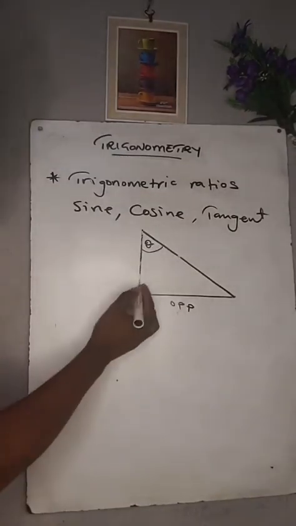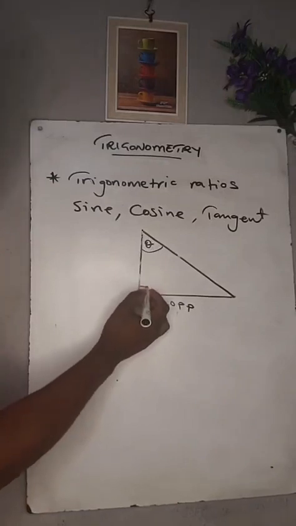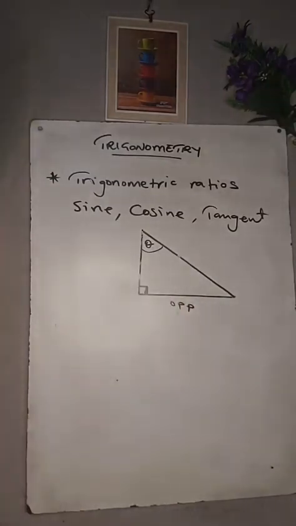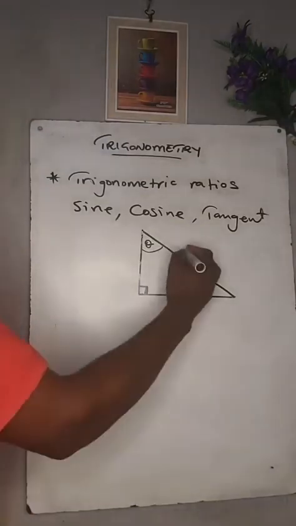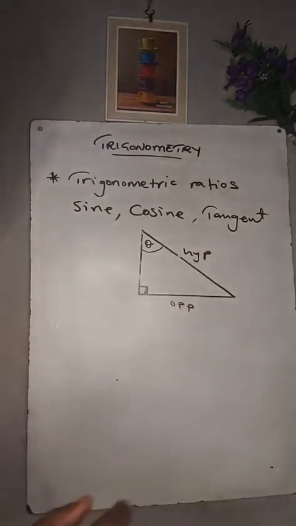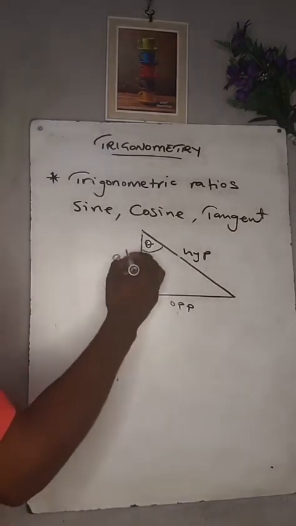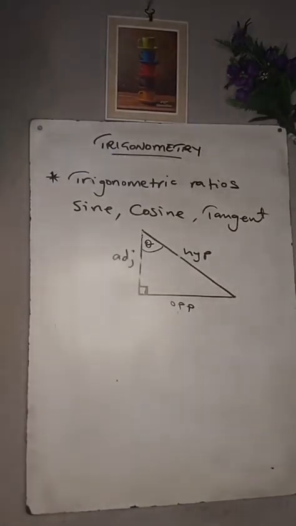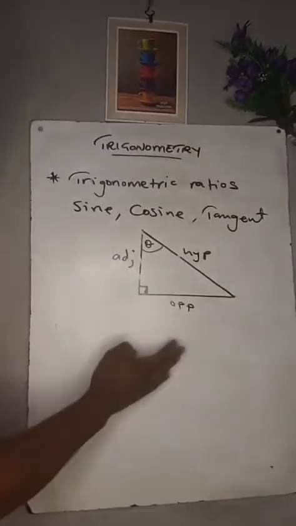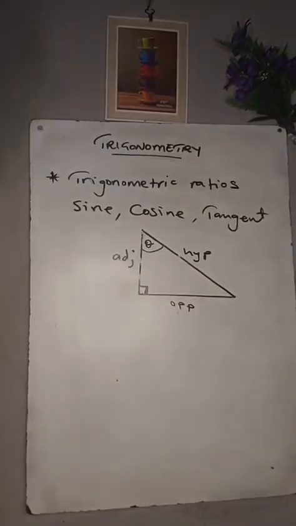Where this 90 degrees points, the side immediately across from that 90 degrees angle is our hypotenuse, which is considered to be the longest side of a right angle triangle. Then the remaining side is called the adjacent. So we have the hypotenuse, the opposite, and the adjacent.